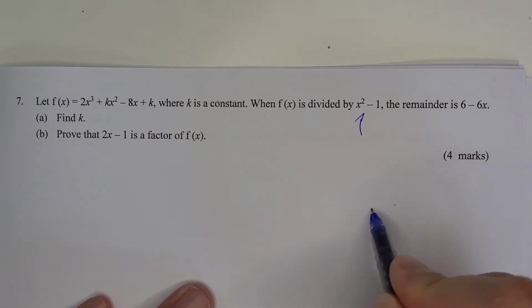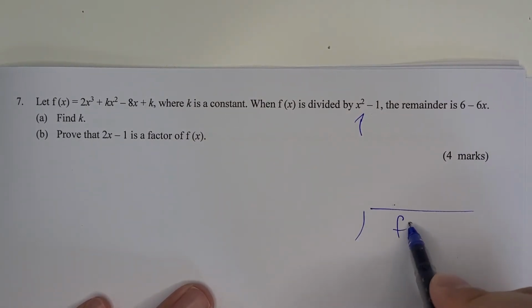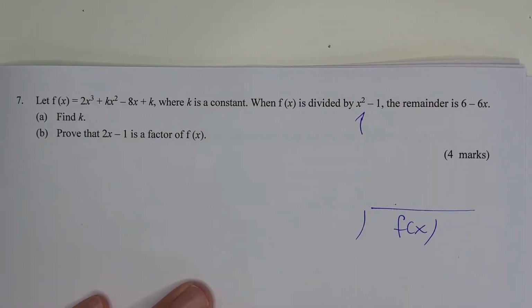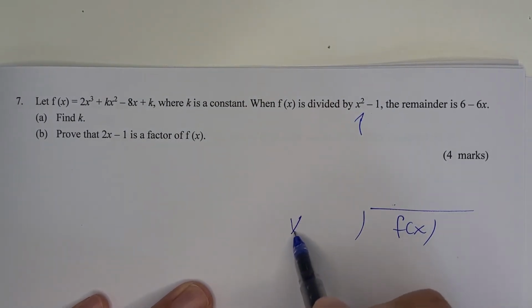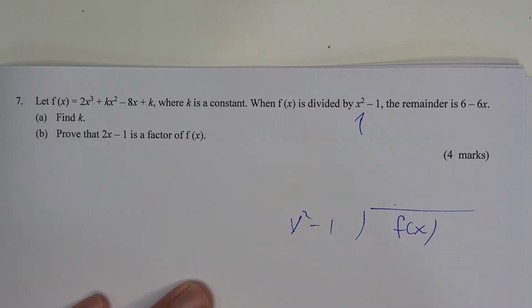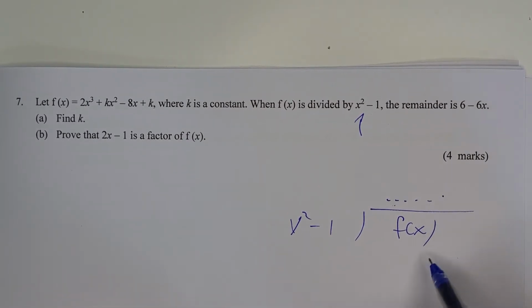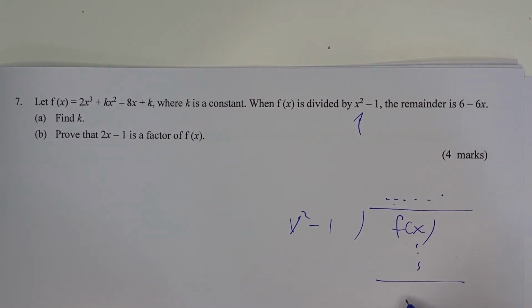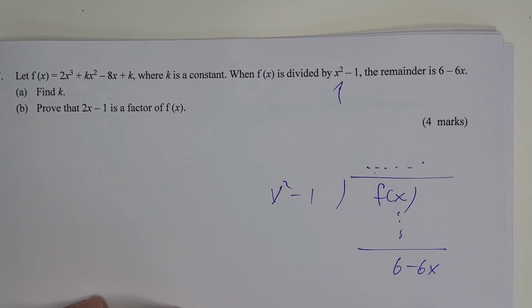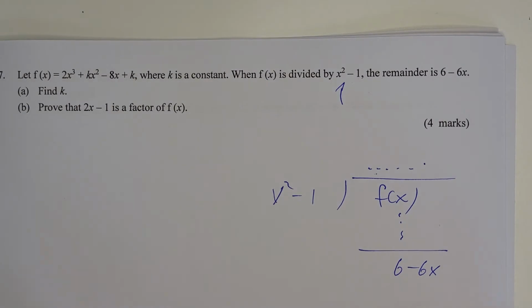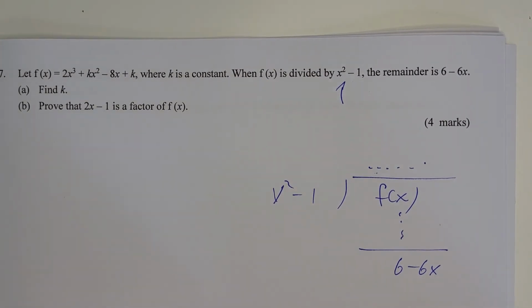So that's the case. Suppose I write it in the form of long division, when f(x) is divided by x squared minus 1, the numerator will have something we call a quotient. And after the long calculation, the remainder is 6 minus 6x. But the point is, how do we change it in the form of an equation? Let's use some simple example.